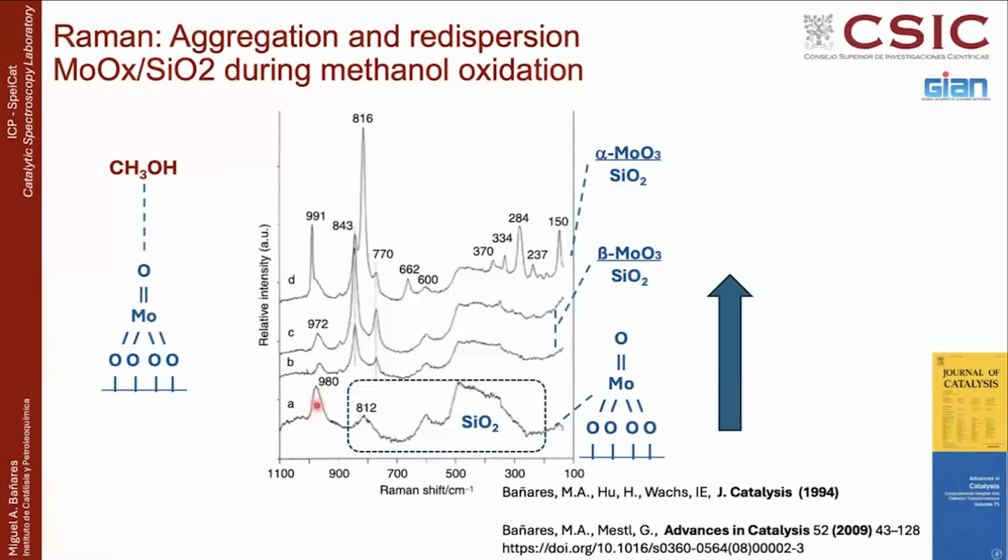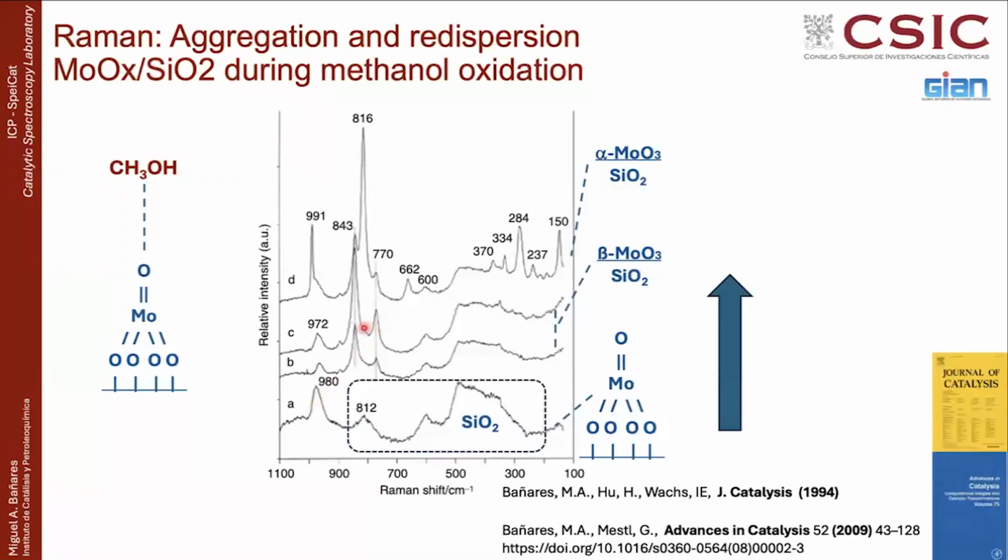Supported molybdenum oxide will have this molybdenyl bond at about 980. You are running methanol oxidation, and then when you look at the catalyst, wow, the spectrum is changing. Why? You see something like these new bands, 840, 770. So the dispersed molybdena during reaction, because of the presence of methanol, is losing dispersion and aggregating into nanocrystals of molybdenum oxide.